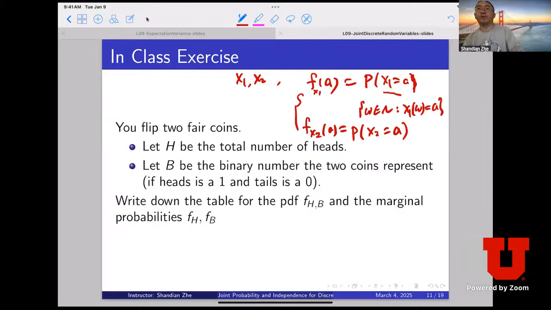So this is the definition for a single random variable's PDF or PMF. When we come to the joint probability density, we usually denote it as f with x1, x2 in the subscript, say with values A and B. So what's the definition of this joint PDF for discrete random variables x1, x2?